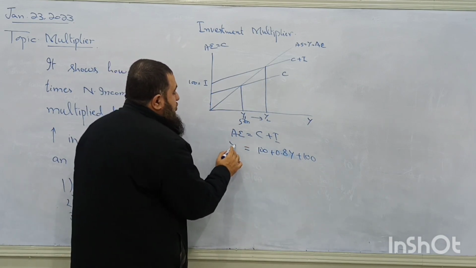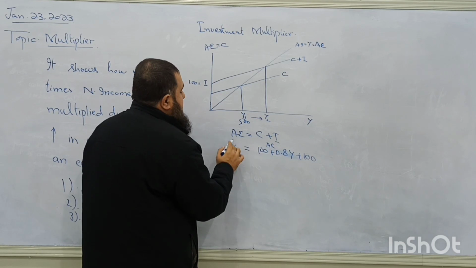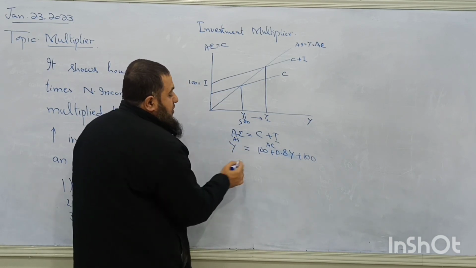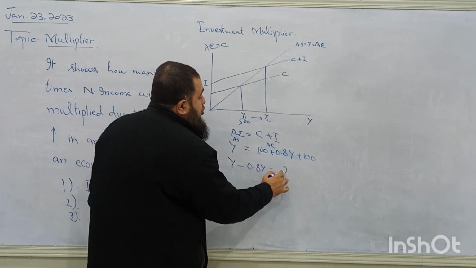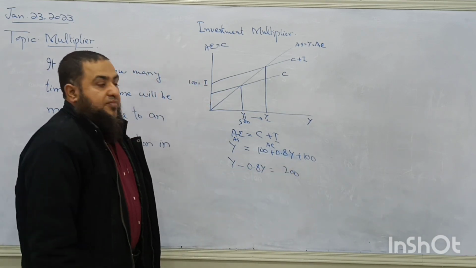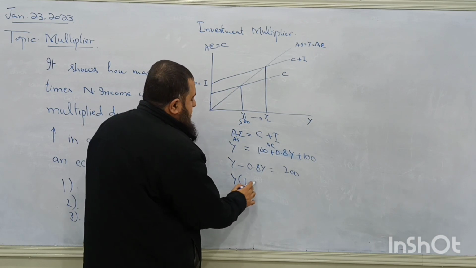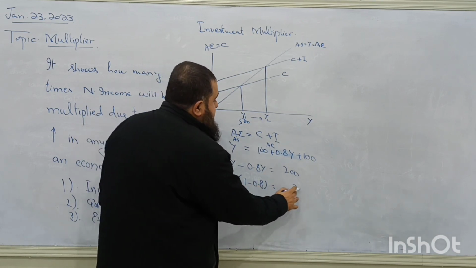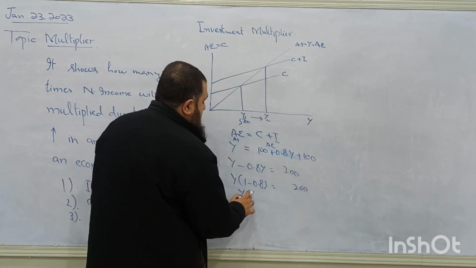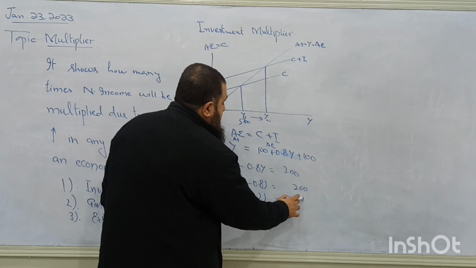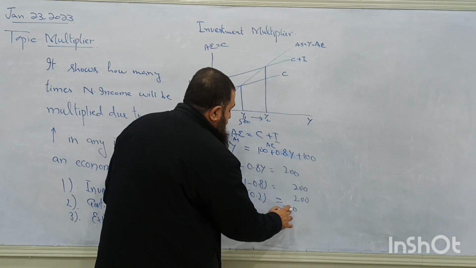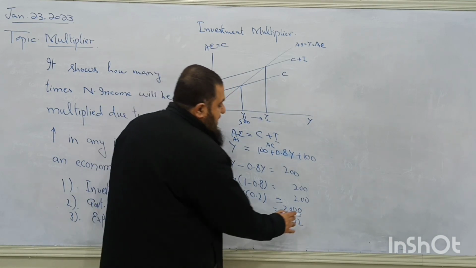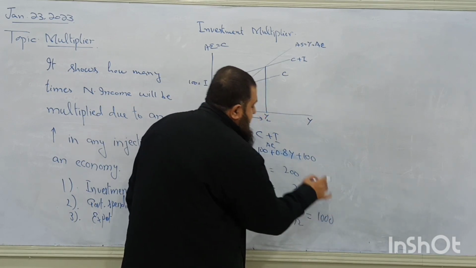Now that's equal to Y. This is aggregate expenditure. This is aggregate supply. Can we find the value of Y? Y minus 0.8 Y is equal to 200. What is the value of Y now? Y is equal to 200 over 0.2. To remove this decimal, you will get 1000.